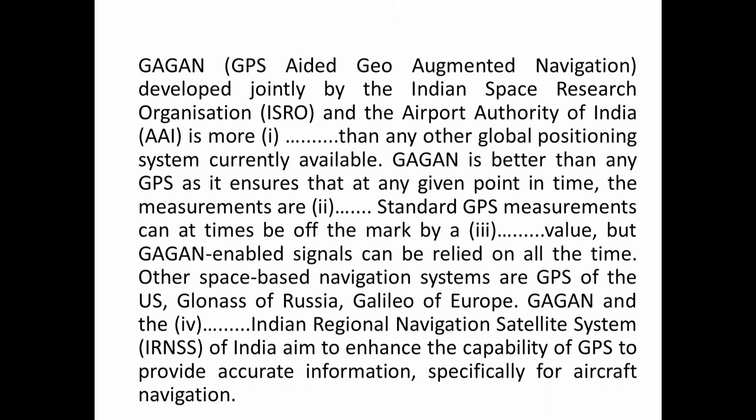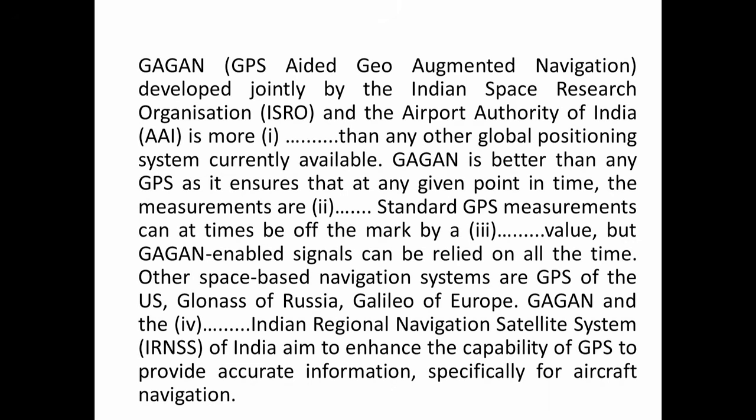Other space based navigation systems are GPS of the US, GLONASS of Russia, Galileo of Europe. Gagan and the, now look at the context of this sentence, Indian Regional Navigation Satellite System of India aim to enhance.